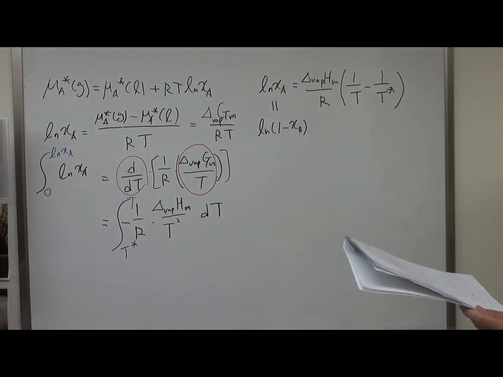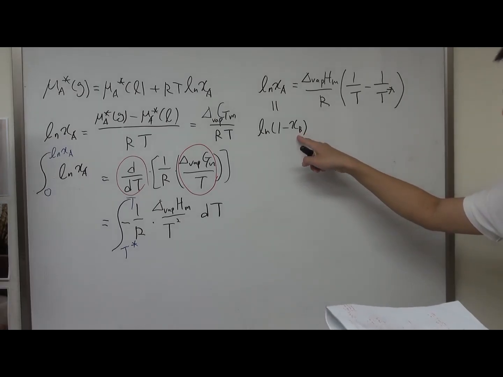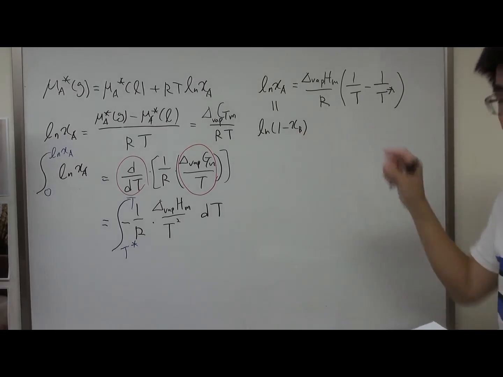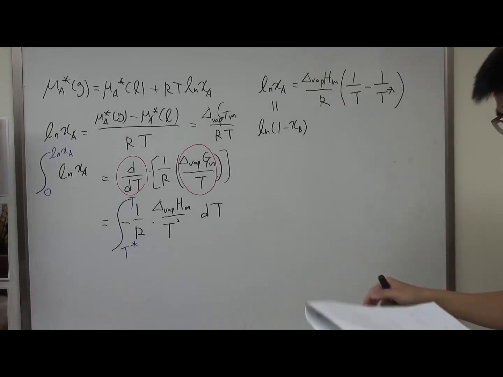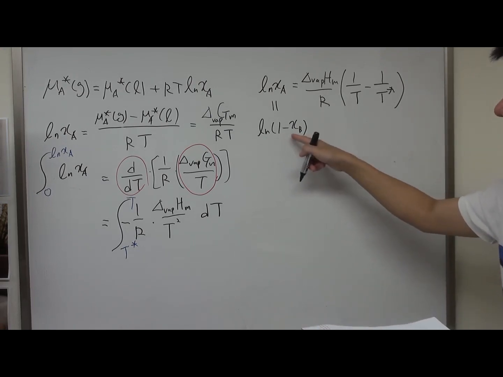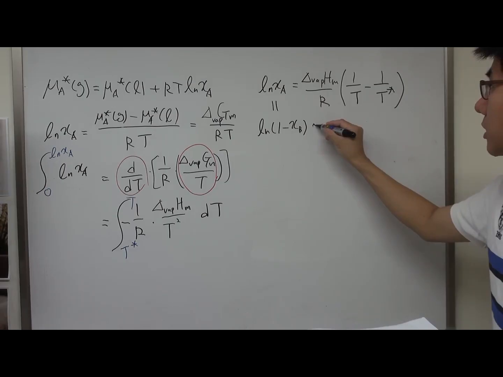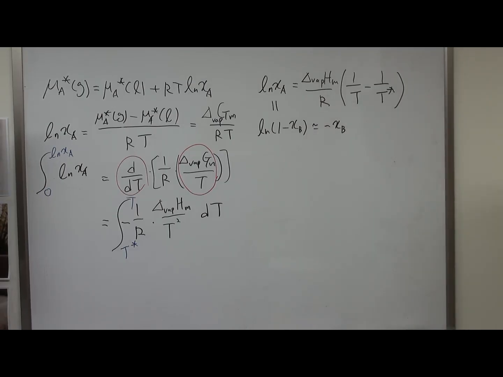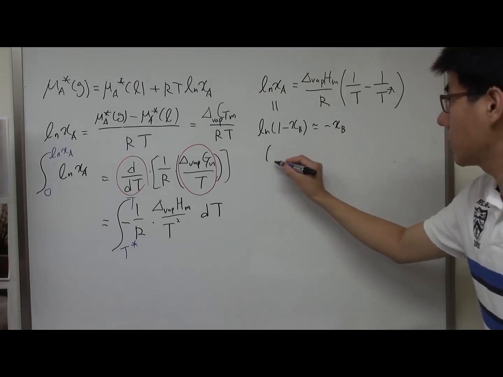And if xb is really small, if solute is added in very small amount, then ln of 1 plus something is approximately the same as that something, so ln of 1 minus xb is approximately minus xb. You remember?